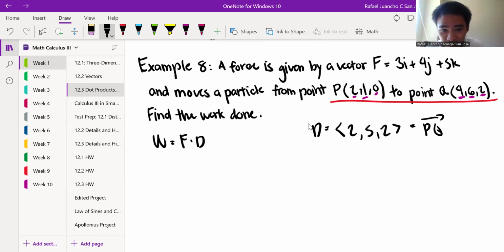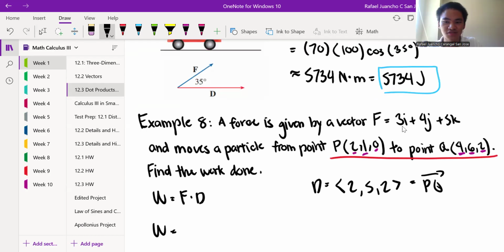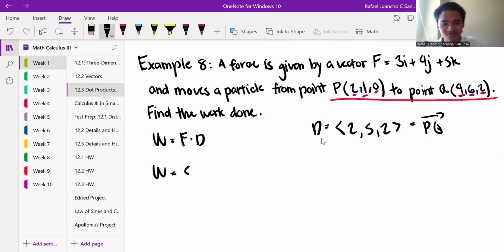Okay, and then now we just plug it in. We now have a formula for both. Our F is this piece right here, 3, 4, 5, times 2, 5, 2. And that's it.